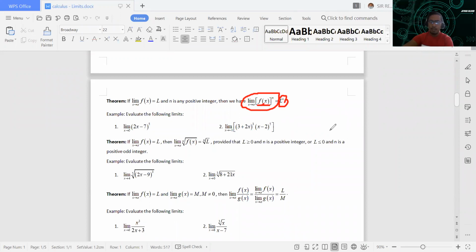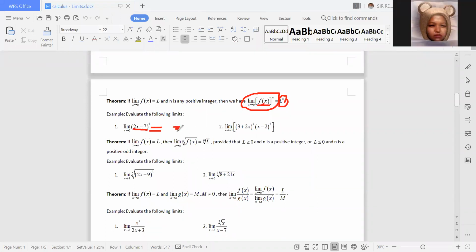Okay? So if we apply it here, what is the answer as you get the limit of 2x minus 7 as x approaches 5? Anyone? It is 3, right? Because 5 times 2 is 10, minus 7 is 3. So it is 3 raised to 5, because of this theorem.